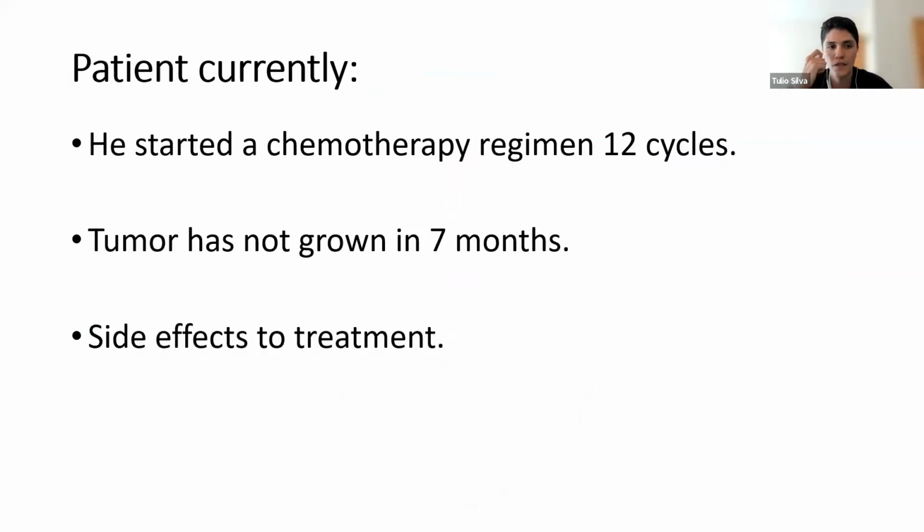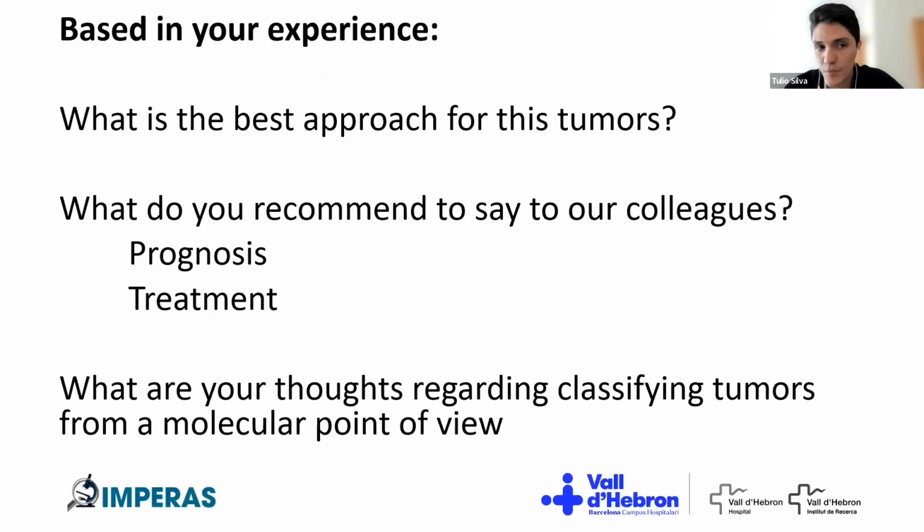Currently, our patient is on a chemotherapy regimen. The tumor has not grown in 7 months, and the patient has side effects from treatment. So I think this is the time where I give the floor to Dr. Antonescu, and I have prepared some questions, if she can help us or mentor us with her experience.